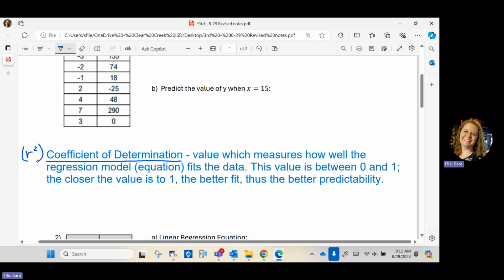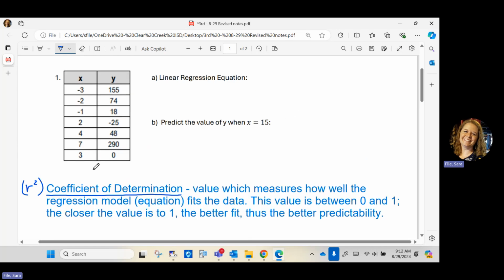When we put our data into the calculator and get our statistics after we do the regression steps, there's going to be an R value and an R squared value. I'm going to show you that with this first data set, and we'll identify what that R squared is and talk about what it means.